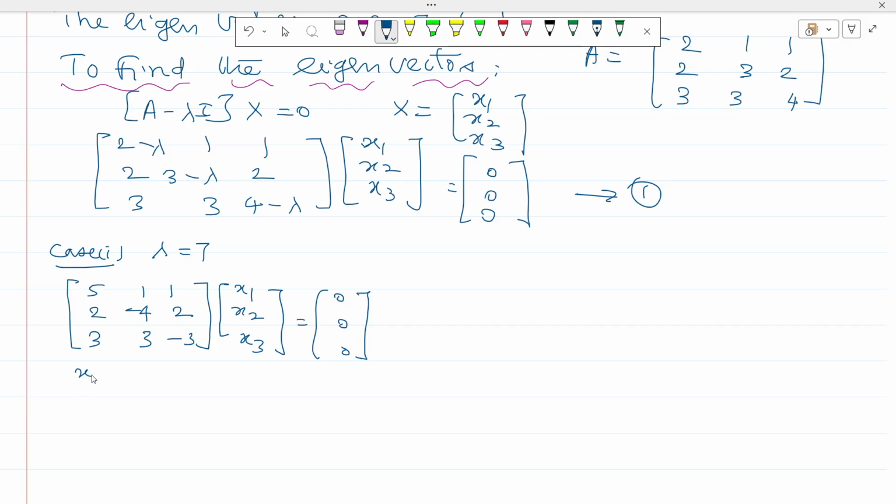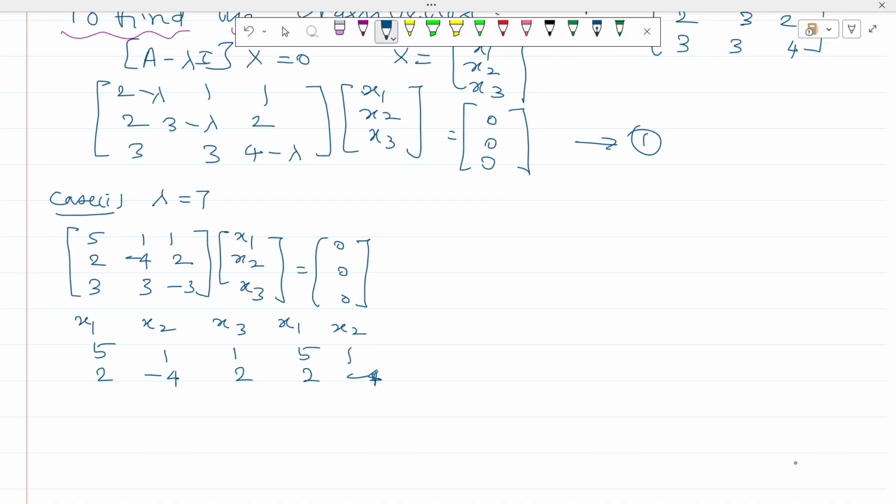Now we can write it using the first two rows. It is not compulsory that you take the first two rows. You can take any two non-identical rows.